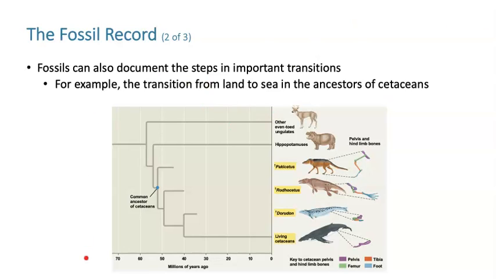So if we put this into what's called a phylogeny, I think I've mentioned that before, we think about that ancestor to all of the other even-toed ungulates, like the deer and the hippopotamuses and the pigs. And then we map on similarities of these fossil organisms like Pachycetus or Rhodocetus.